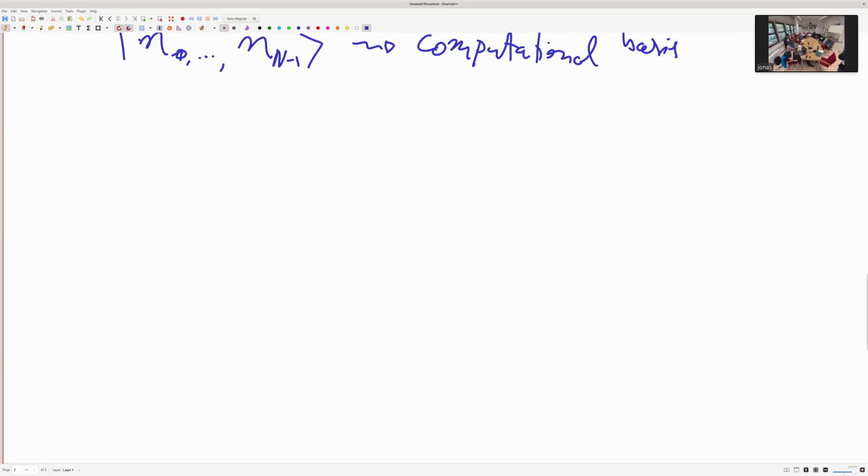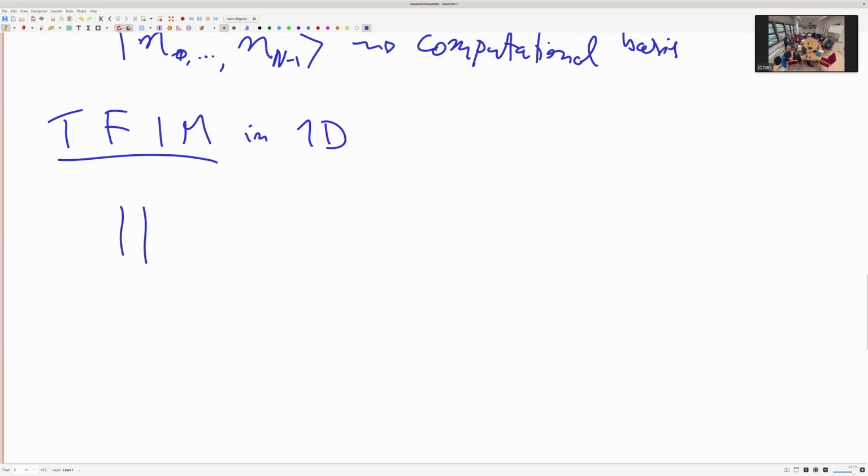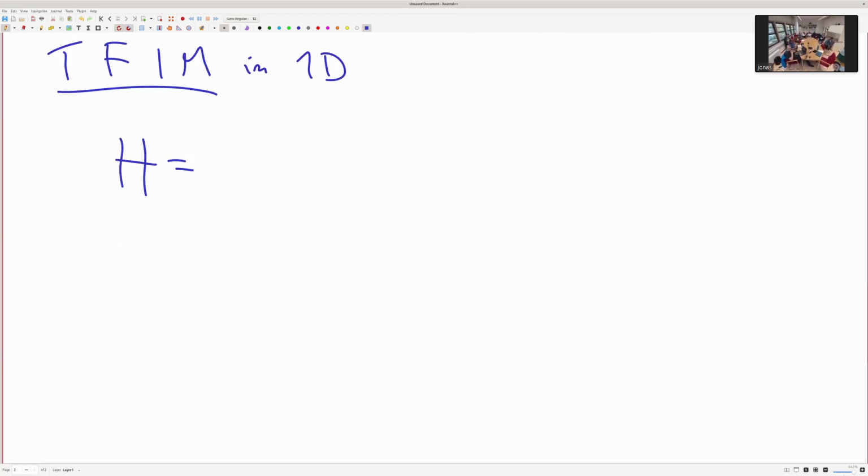So, for example, one exception is the transverse field Ising model, if you consider it in 1D. If you consider this model, it's a spin model given by a Hamiltonian which has this form.